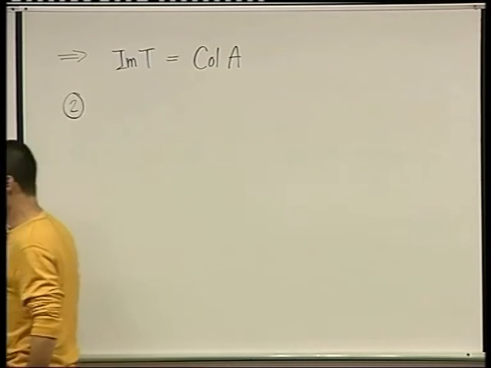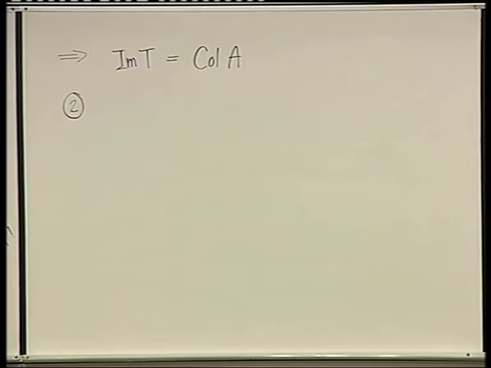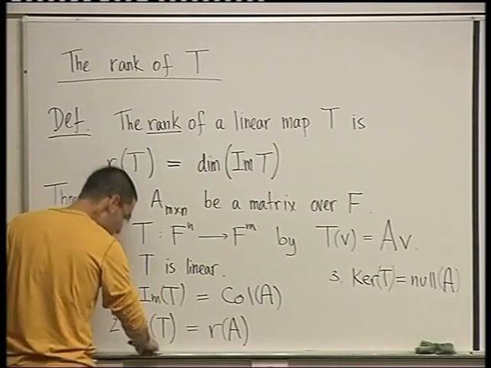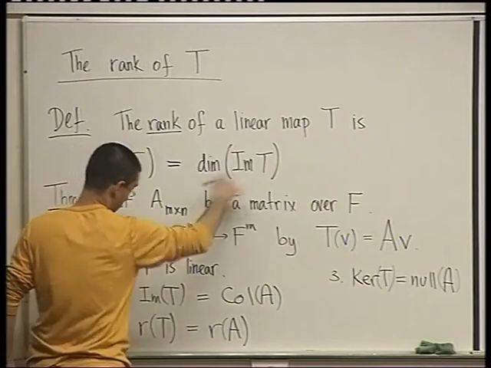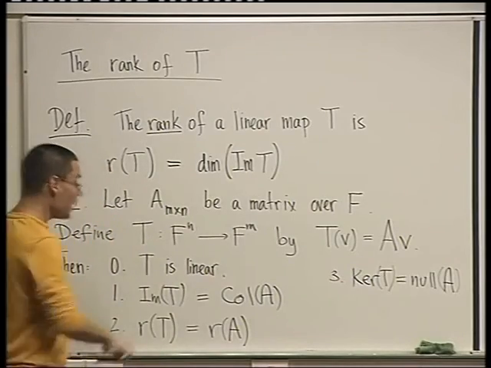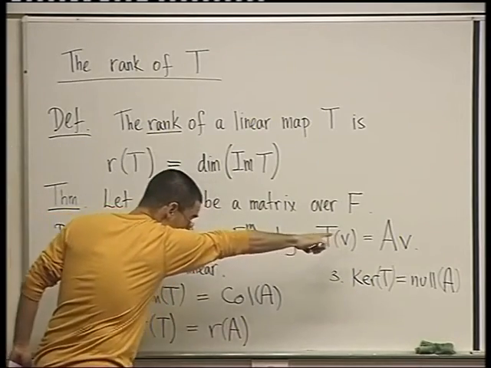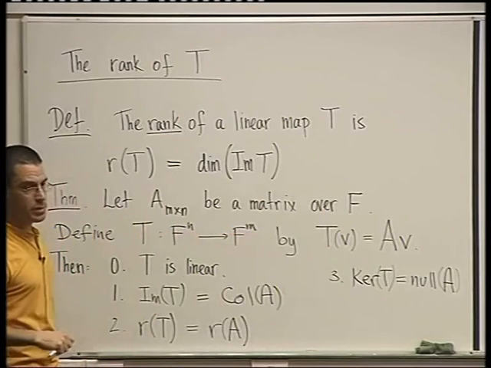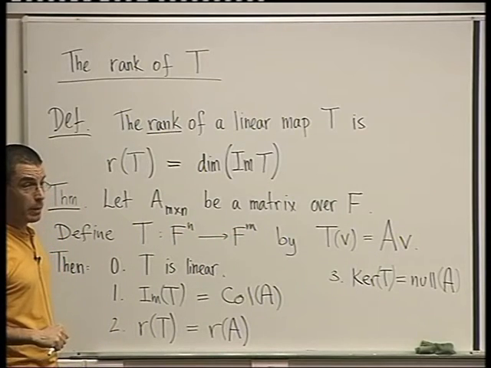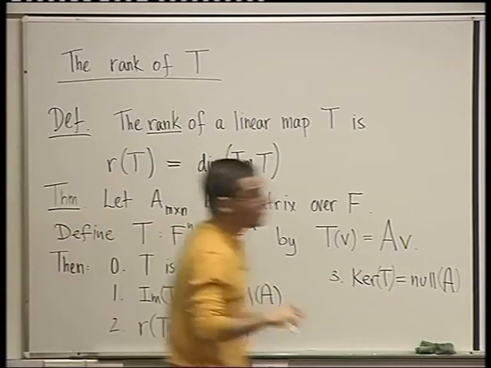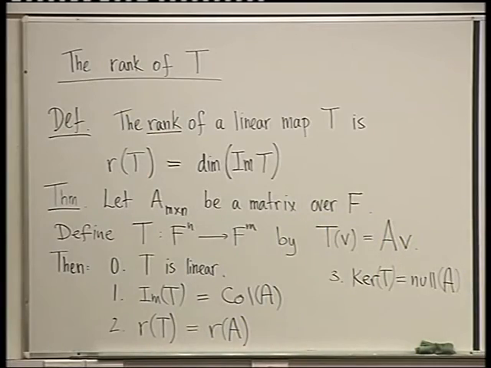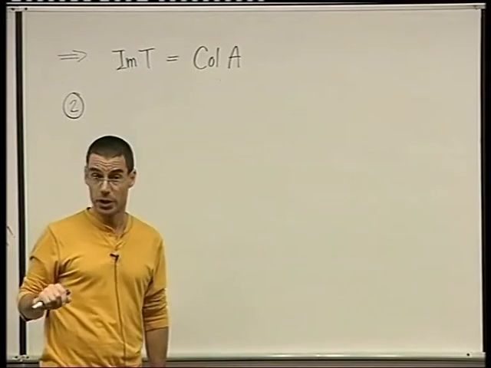Let's recall what part 2 said. Part 2 said the rank of T as a transformation, which is just the dimension of the image, equals the rank of A, the matrix by which T is defined. That's going to be very easy, but now we are going to rely on theorems that we proved earlier.